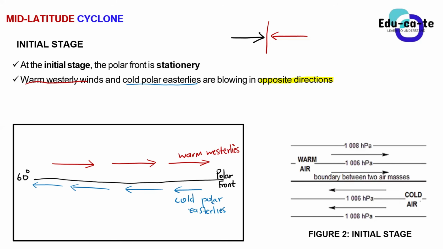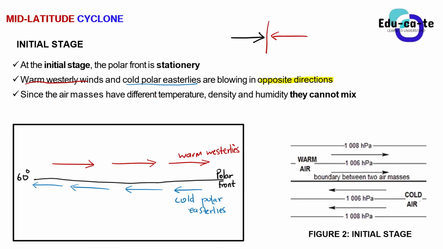Now, since the air masses have different temperatures, some of it is warm, some of it is cold. It means that they also have a different density and different humidities. Because remember in grade 11, you learned that warm air is more humid than cold air, and cold air is more dense than warm air.